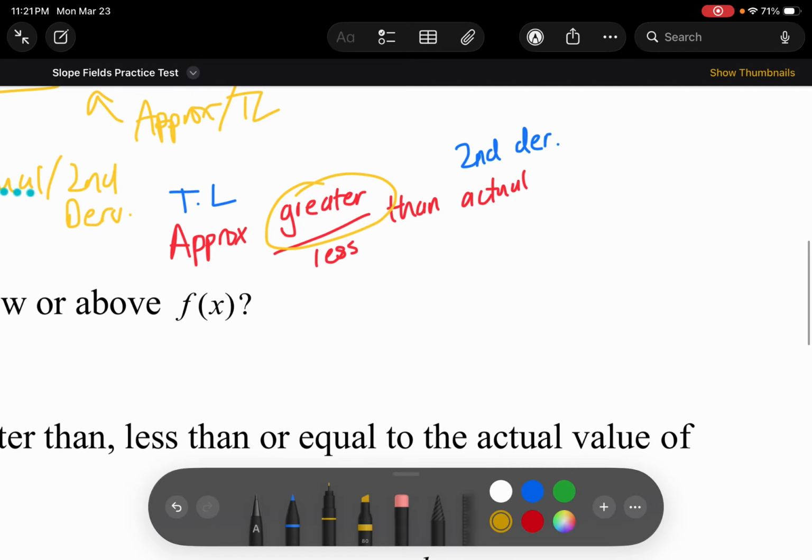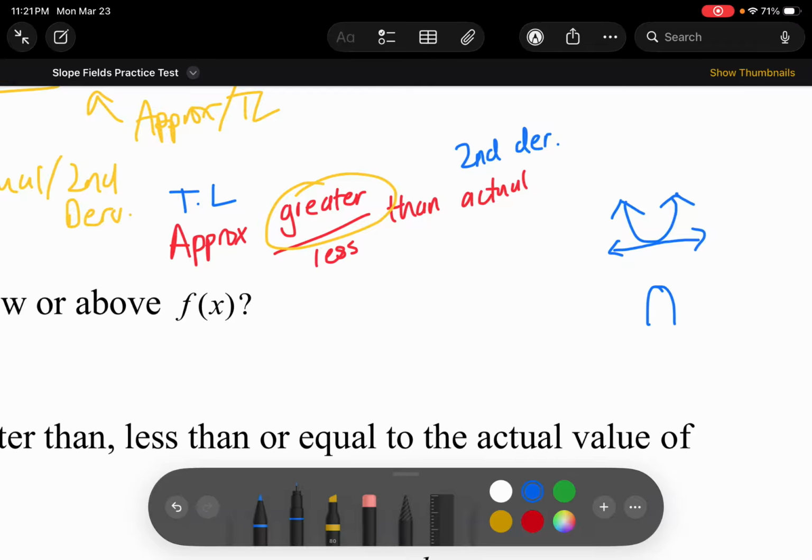So let me teach you a trick that really helped me master this problem. If you have a concave up function, your approximation is going to be an underestimate, which is less, because your tangent line is below your concave up curve.